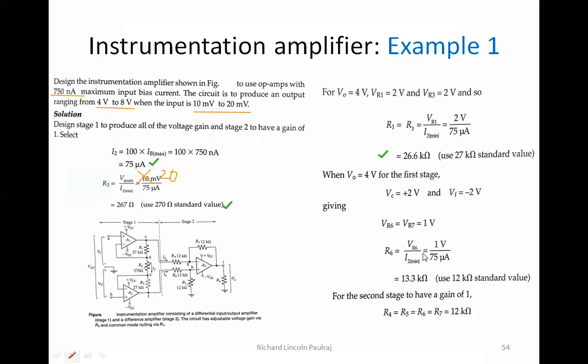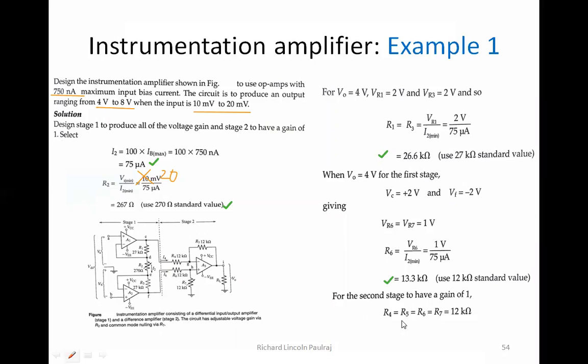Is it fine? Yeah, we're getting that value, 13.3K. Yes, sir. Okay, good. So for R6 we're going to use a 12K resistor.